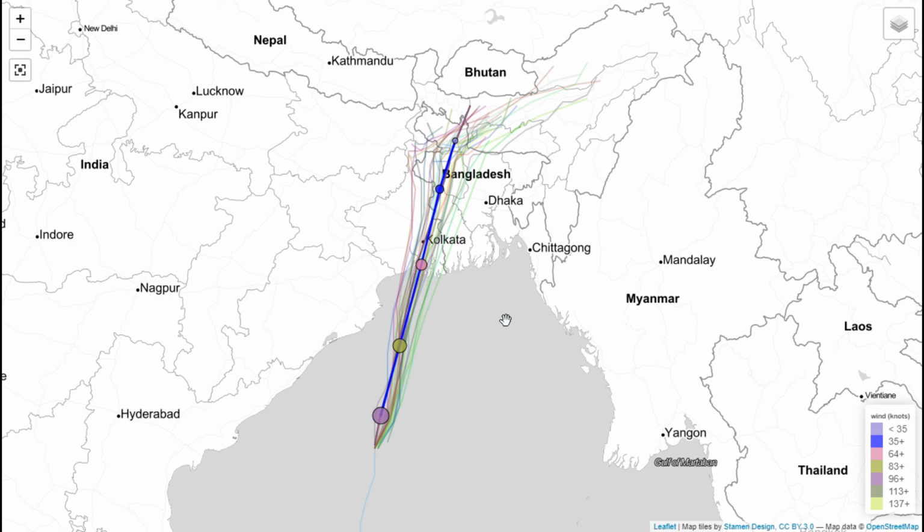The model is simply amazing, and approximately it shows the right path. Using this model, any type of cyclone or hurricane can be tracked, and its speed can be measured. So that's it.